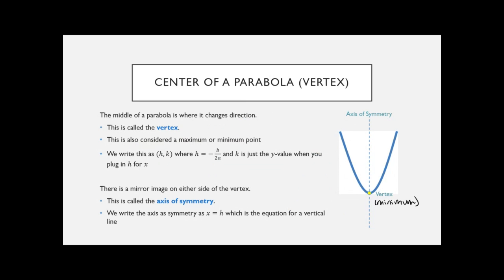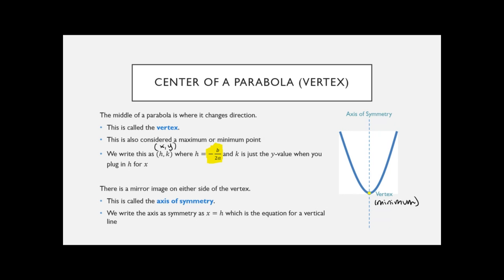And so the vertex is an ordered pair. You have an x value and a y value. The x value we call h, and the y value we call k. So these are just special letters, h and k, that we use to specifically reference the vertex. And we've got a formula to find the x value, which is h.